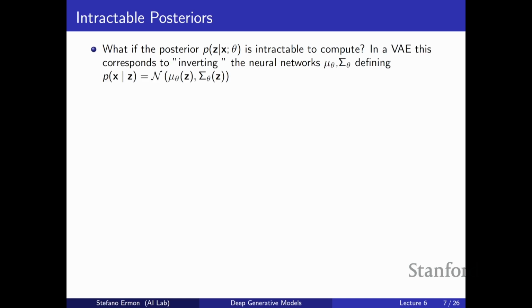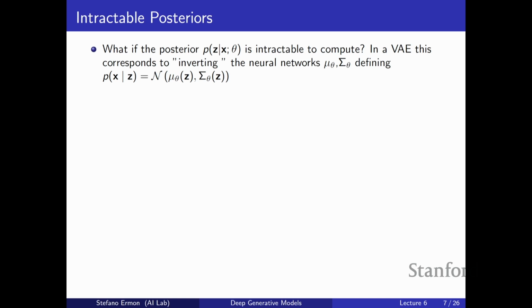If you think about the VAE, what you're doing is trying to invert the decoder. Recall that in a VAE, the conditional distribution of X given Z is relatively simple, it's a Gaussian, but the parameters of the Gaussian depend on these two neural networks, mu and sigma. So when you're trying to compute P of Z given X, you're trying to invert these neural networks.